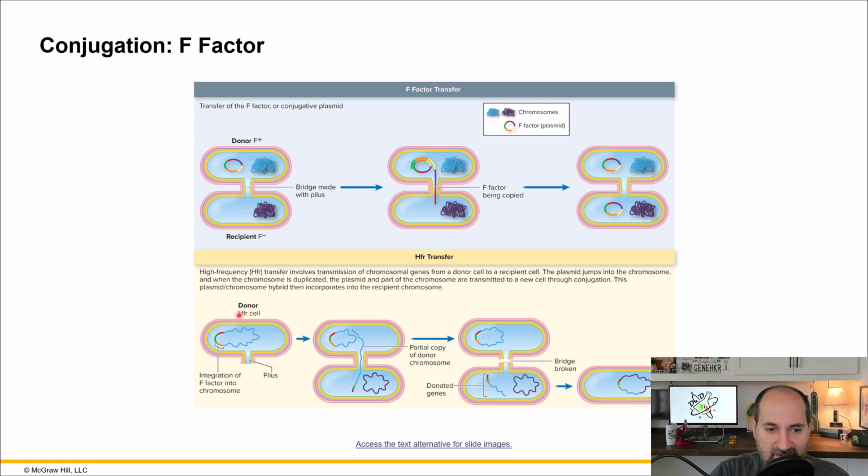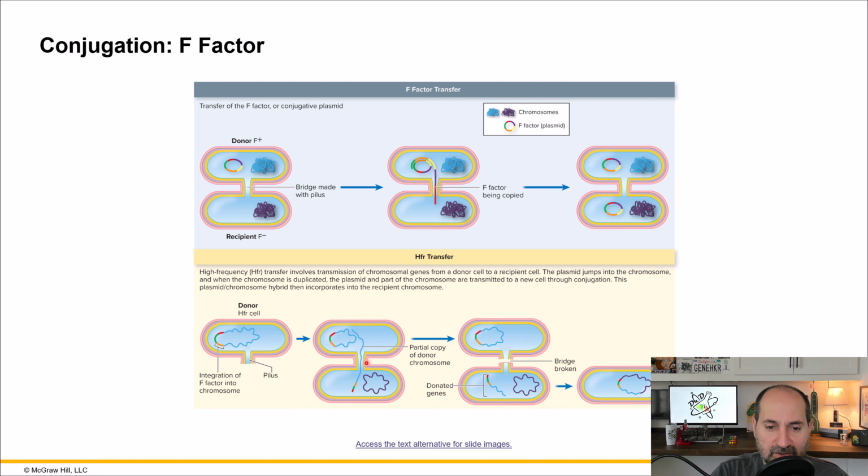And remember, this is different from an HFR transfer or high frequency of recombination transfer, where in this case the F factor is in the genome, the circularized genome of the host cell, but the same process is triggered where a sex pilus is formed, but this time the chromosome of the host is shared, right?